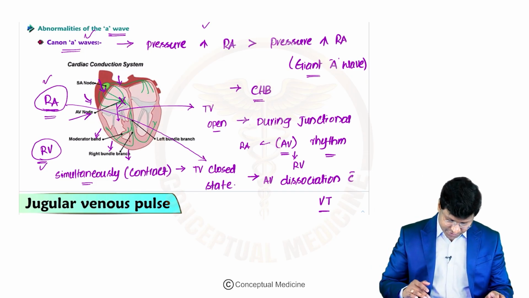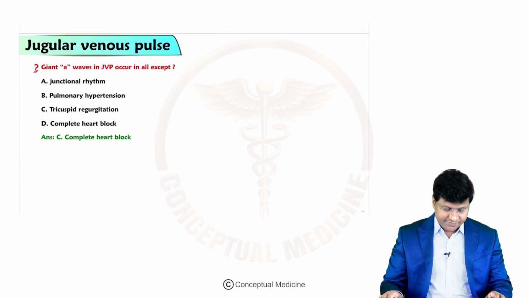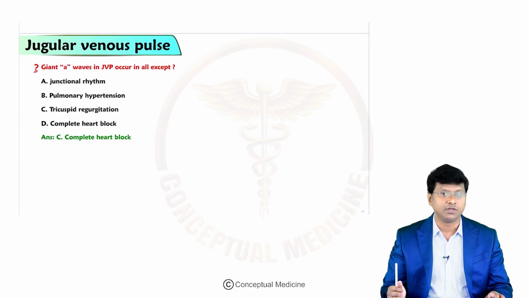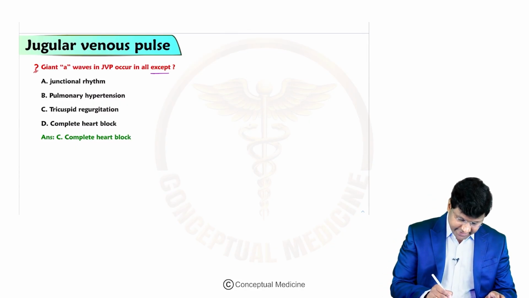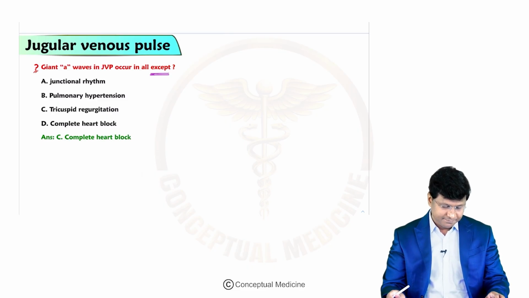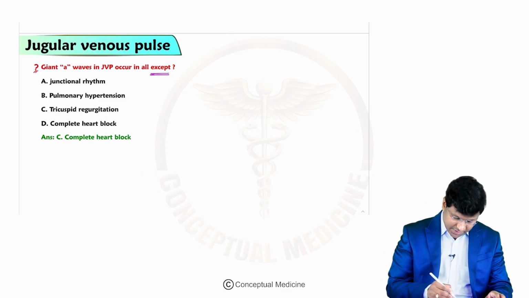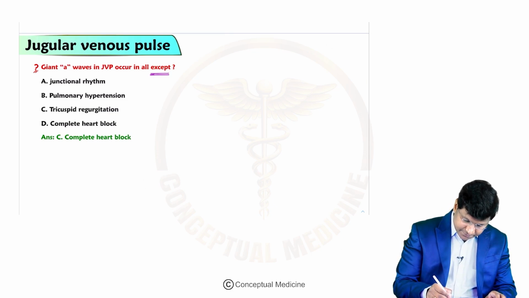So we will see a question now. Giant A waves in JVP occur in all except: junctional rhythm, pulmonary hypertension, tricuspid regurgitation, and complete heart block. The question asked is except.